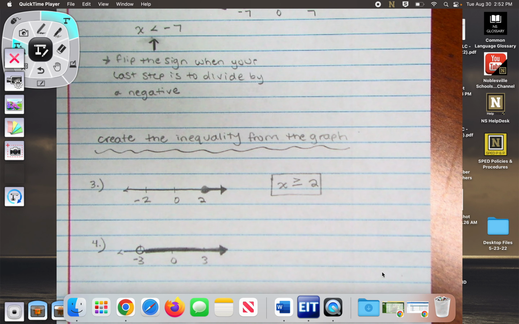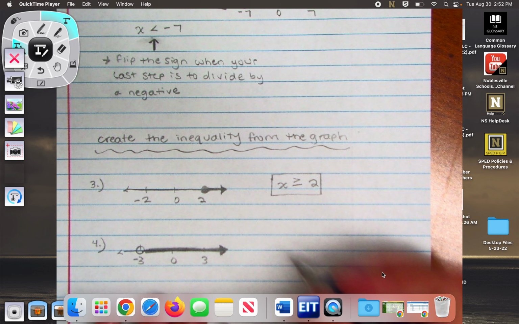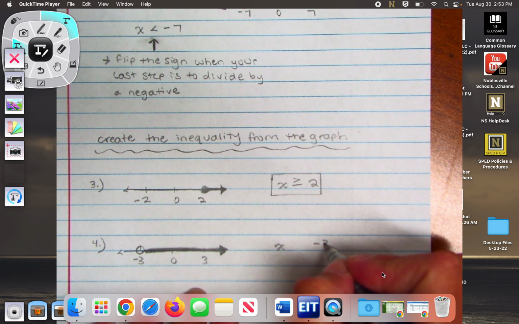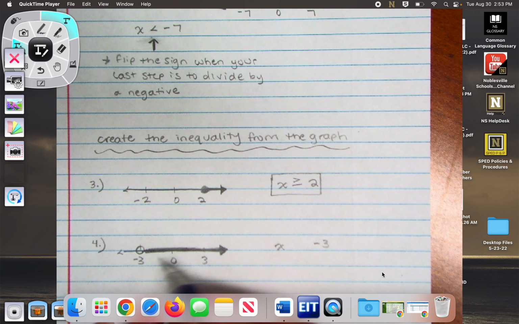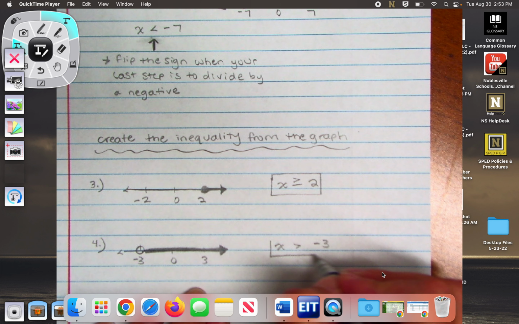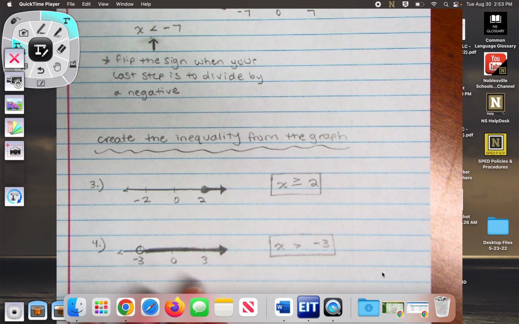So what will the inequality be that I created this graph on? Story? X, we know it's at -3. All the values are greater. It does not include the -3, so it's just going to be greater than -3. So X is greater than or equal to -2? With inequalities, you can't just change it like that.